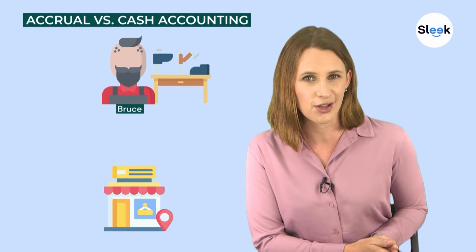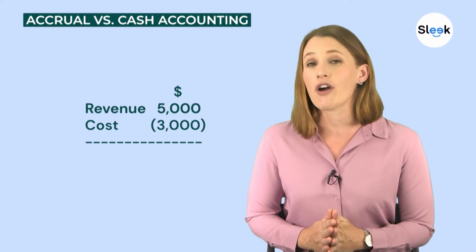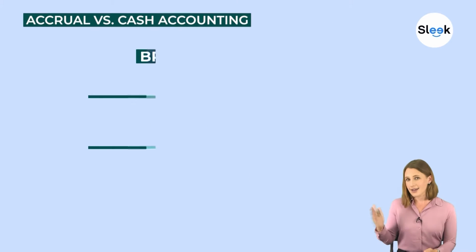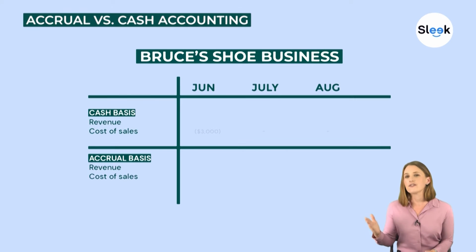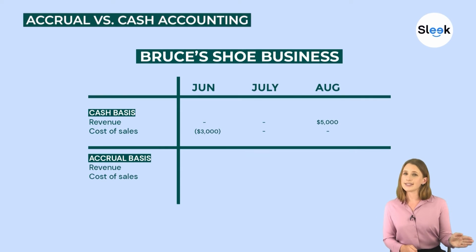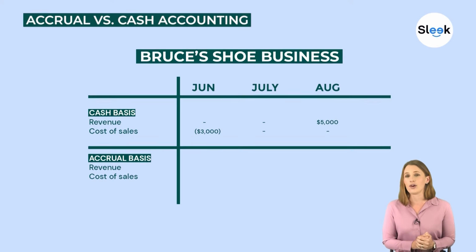Basic maths is already telling us that he's made a profit of $2,000 on the making of these shoes. Under cash accounting, the expenses for the shoes would have been recorded back in June when the materials were bought. The revenue would be recorded in August when the client pays their invoice 7 days after it was issued.